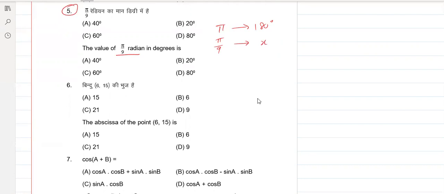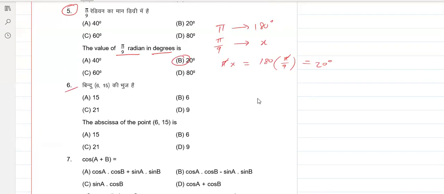So if we cross multiply, we have pi x is equal to 180 into pi over 9. So the pi's disappear on both sides. 180 divided by 9 is 20 degrees. So guys, pi over 9 in degrees is equal to 20. Correct solution is B. Right.